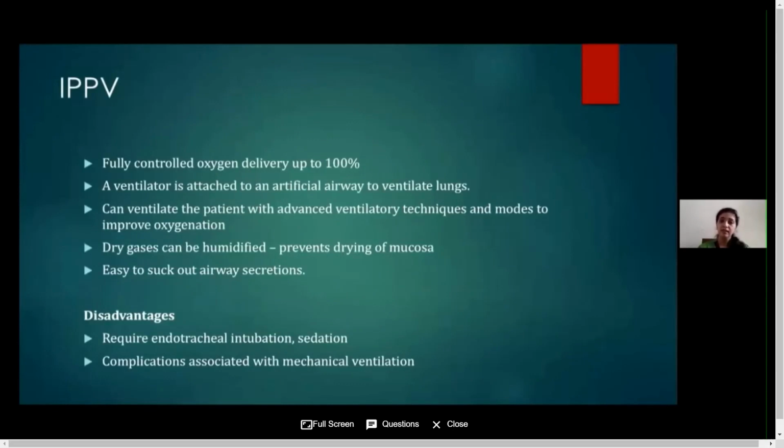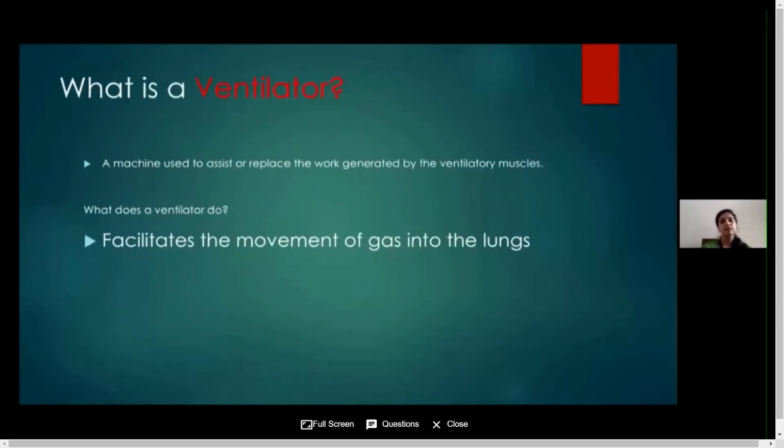The gases can be humidified and it prevents the drying of the mucosa, and you can also suck out secretions easily in these patients. But the disadvantages are that it's invasive and requires intubation and sedation and sometimes even muscle relaxants, and there are numerous complications associated with mechanical ventilation.